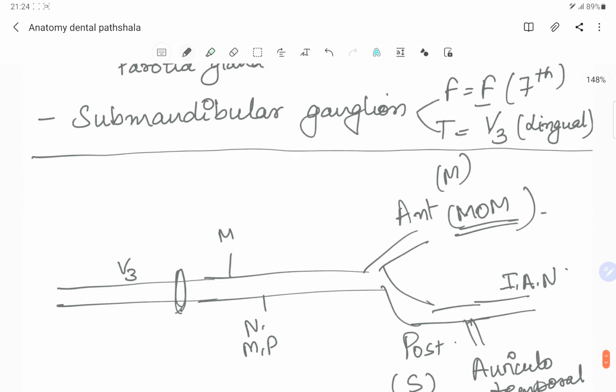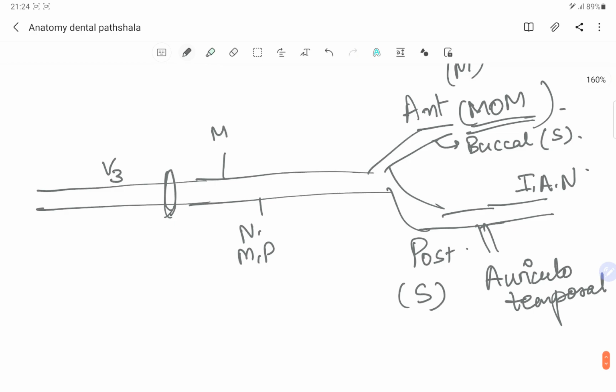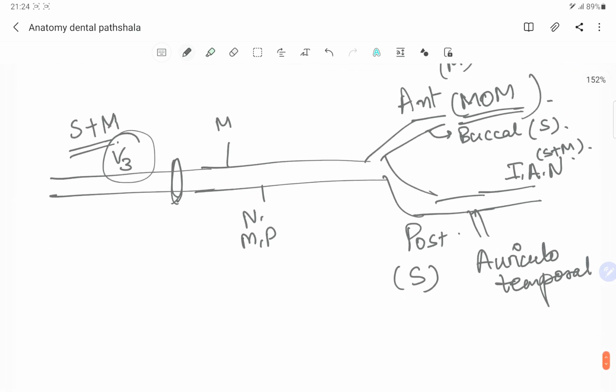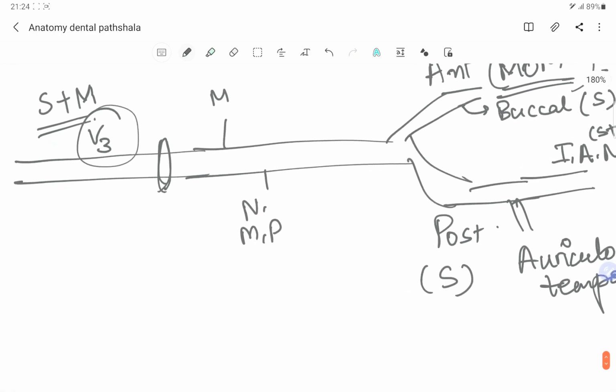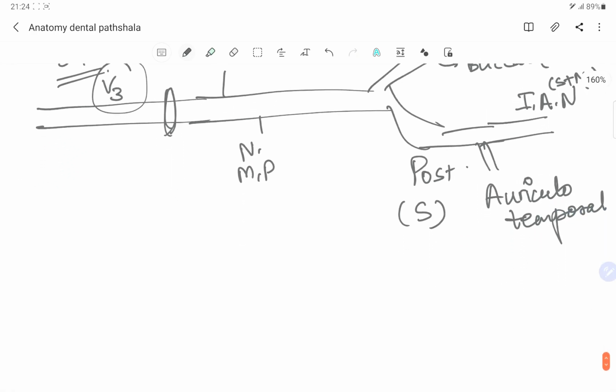In the anterior division, all the muscles of mastication are motor except the buccal nerve, which is sensory. And the inferior alveolar nerve has both sensory plus motor. So the mandibular branch is the only branch of the trigeminal nerve out of three which has both the sensory and the motor. The rest, the maxillary and the ophthalmic, have only the sensory fibers or the sensory root.